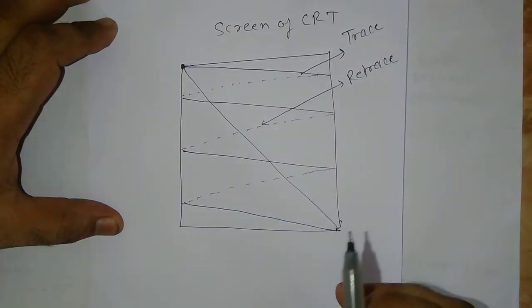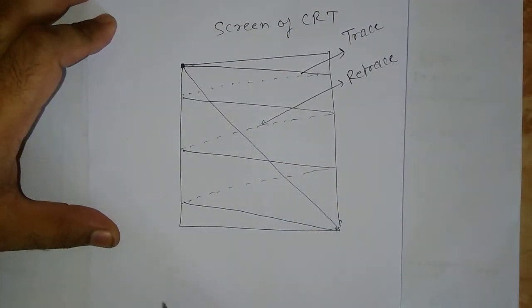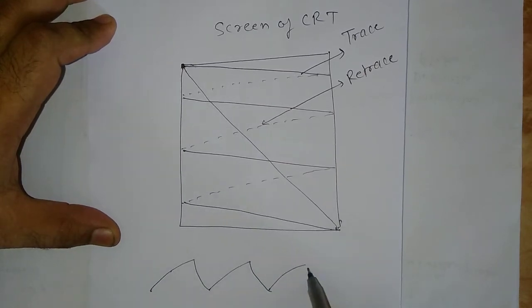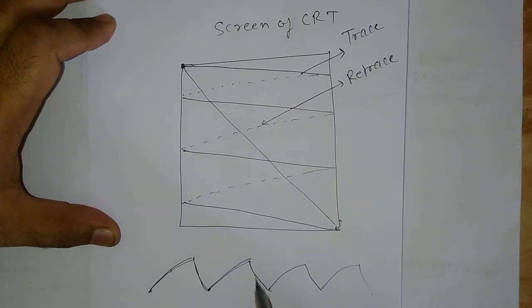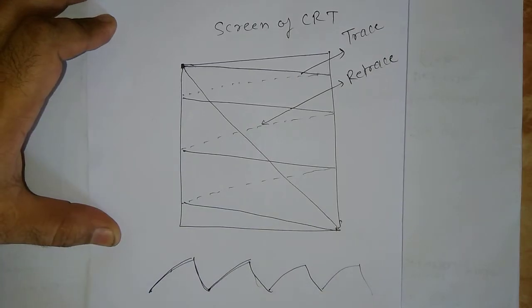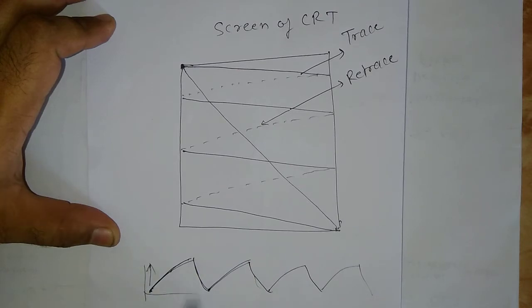Now, the working of the blanking circuit. These sawtooth waveforms are generated using a capacitor. The capacitor charges, then discharges, again charges and discharges. So this creates the sawtooth waveform in the blanking circuit. While the voltage of the sawtooth waveform is increasing, the control grid is getting the voltage.